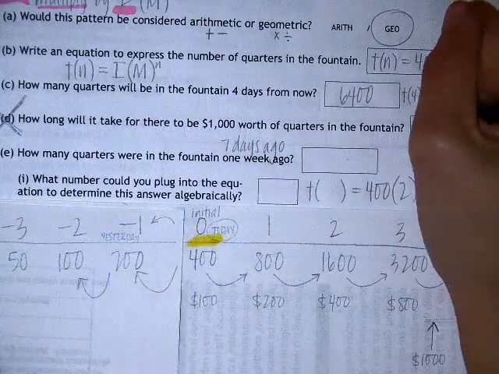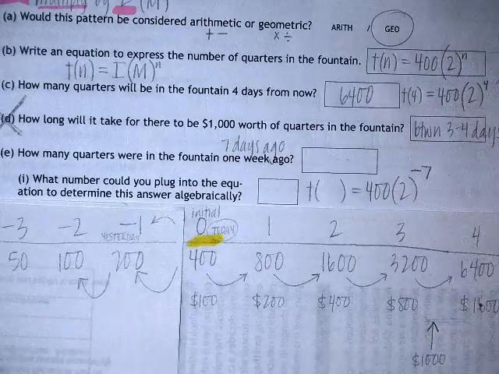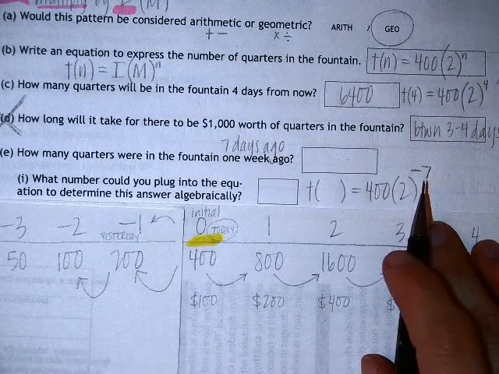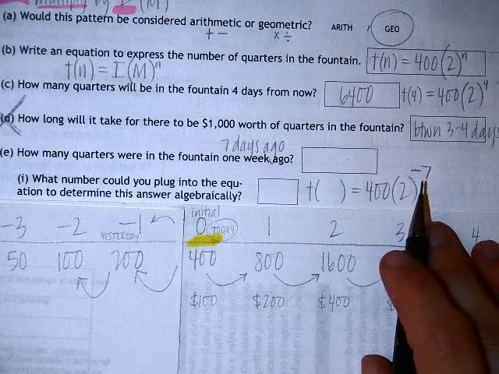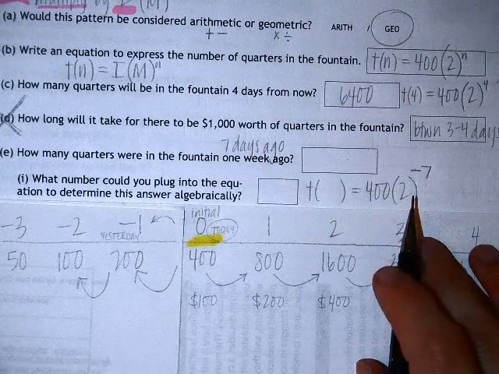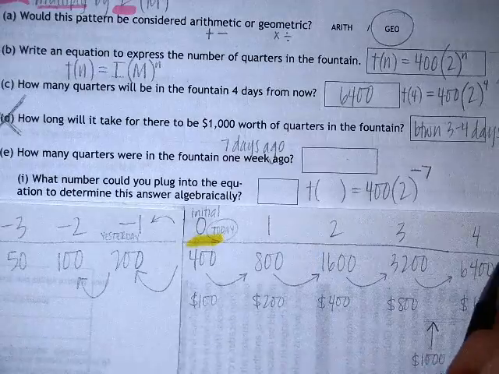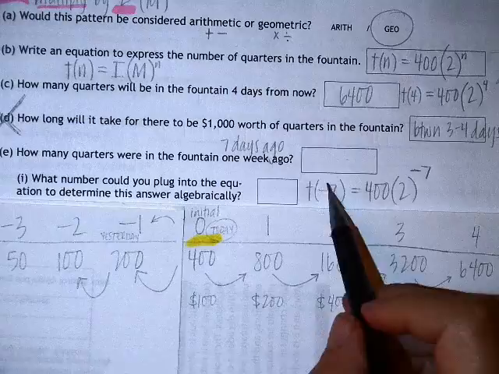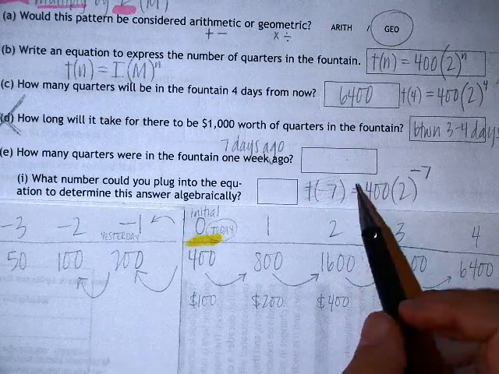And I'll need to use -7 as my exponent to show that this is a past day, not a future day. If I plugged in +7, that's like 7 days from now. That's like a week into the future. And that's not what this question wants. Now, just for formality, I'll put the -7 on the left-hand side, but it's not really the left-hand side that matters.